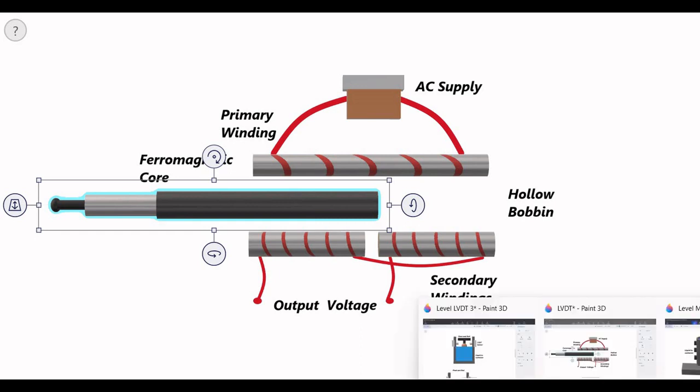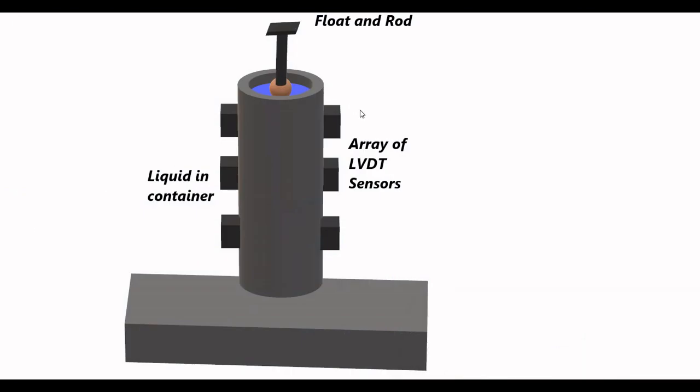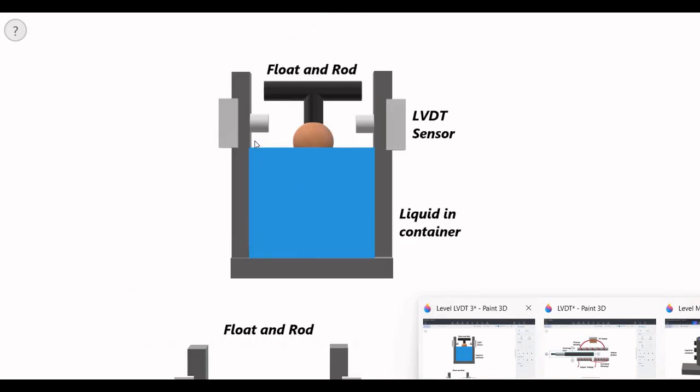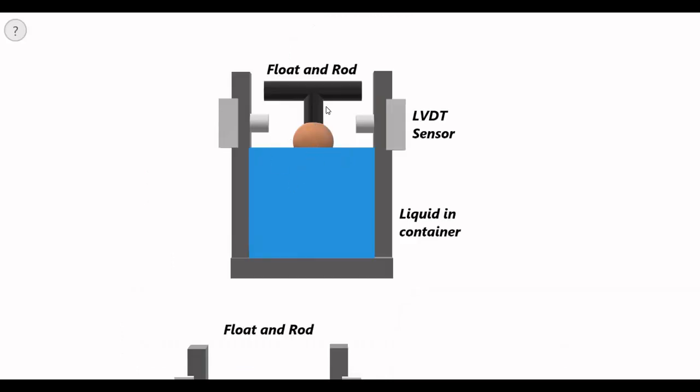First we have the LVDT sensors, which can be connected in a single sensor arrangement or a multiple sensor arrangement. They are connected across the side walls of the liquid container, and when the liquid level changes, the float floating on the surface of the liquid moves up and down, and the rod strikes the ferromagnetic core of the LVDT sensor.